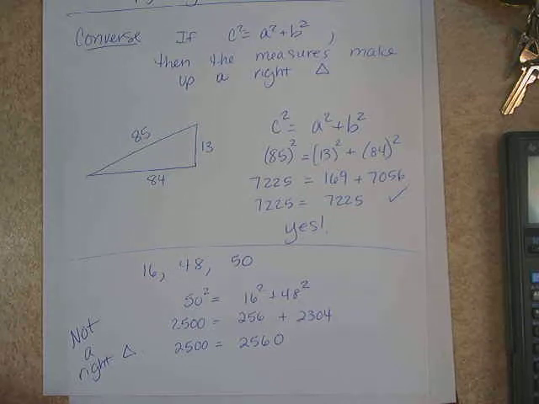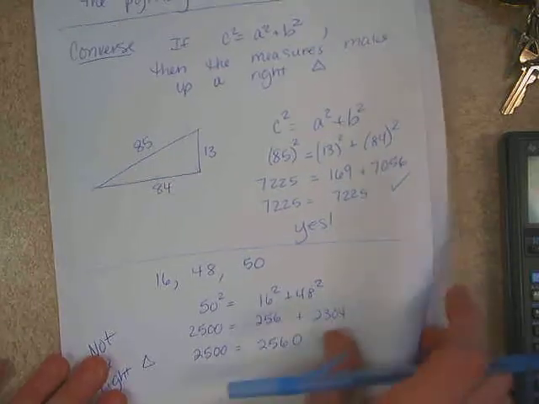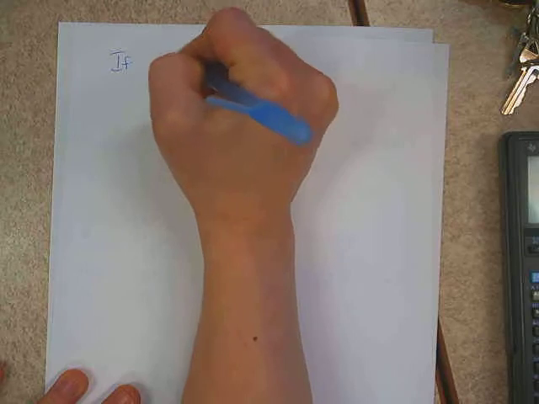So that obtuse angle, which is greater than 90, is going to mean that c squared is probably going to be bigger than the other two. But if I closed up the right angle so it was less than 90, c squared is going to be probably smaller than a squared plus b squared. Okay, that's why you're going to start with c. It makes it easier to do that comparison.